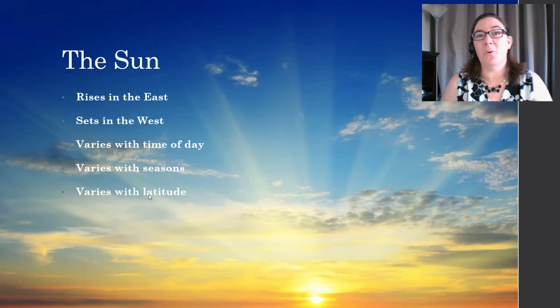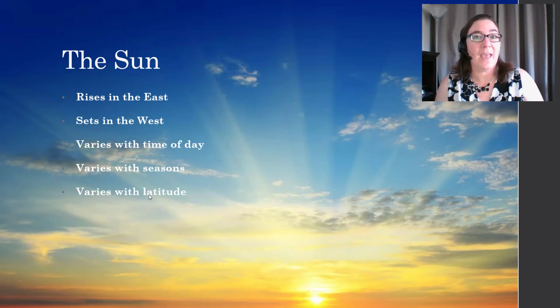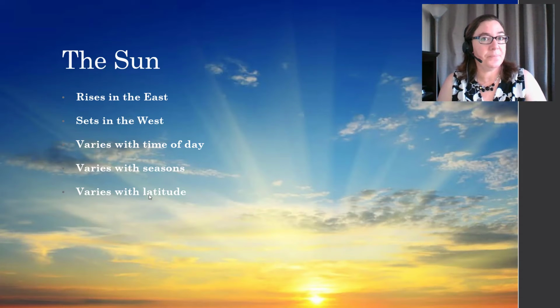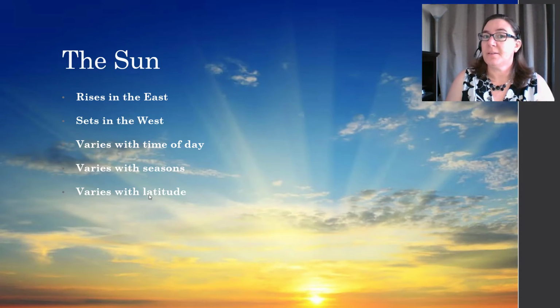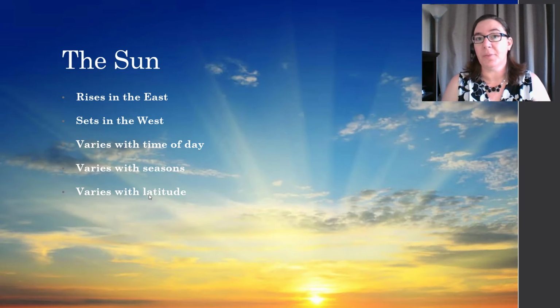Let's talk a little bit more about the sun. All right, the sun rises in the east, it sets in the west, and it's extremely variable. It varies with the time of day, it varies with the seasons, and it varies with the latitude or your position on the earth. Right?